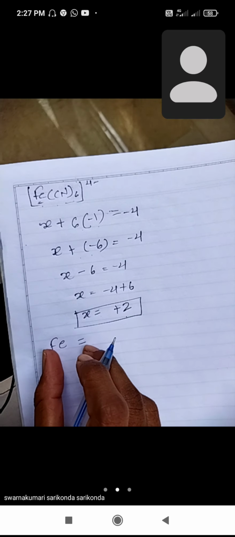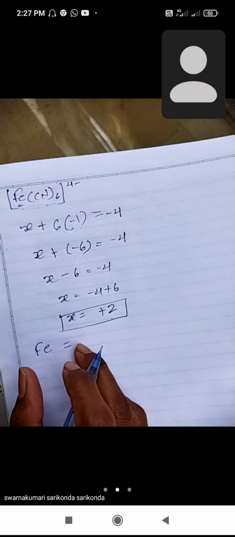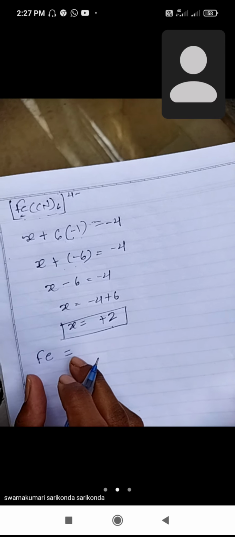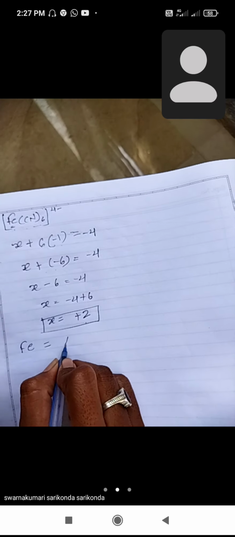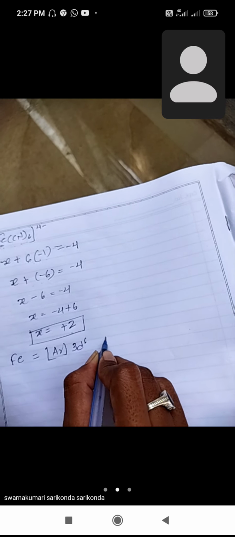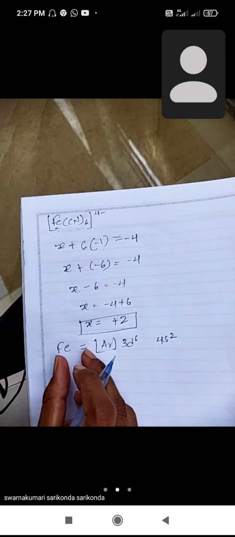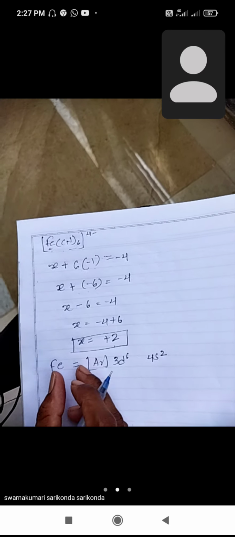What is iron's atomic number? 26. So the electronic configuration is argon 3d6 4s2. Here the oxidation state is plus 2.